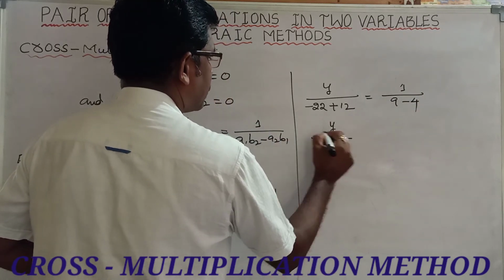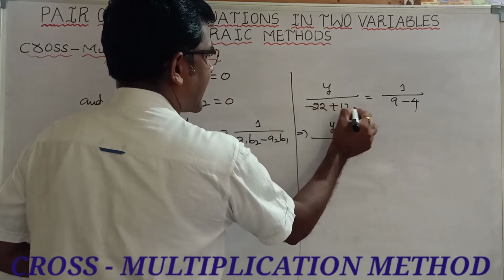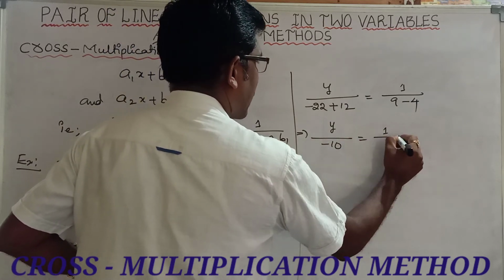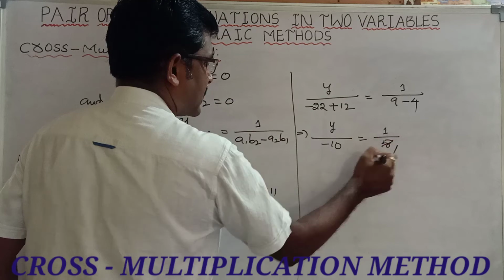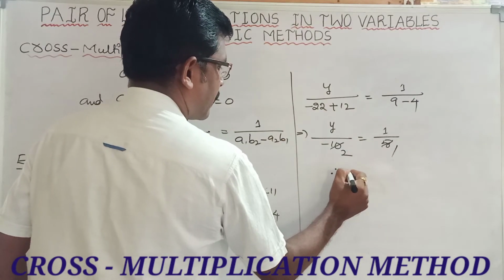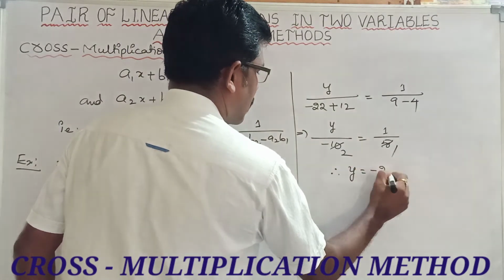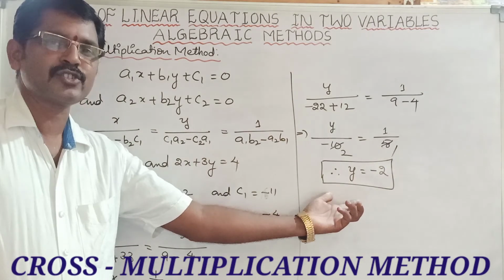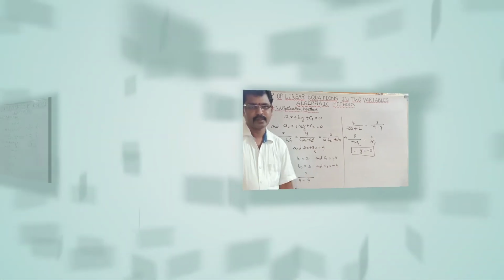So y by minus 22 plus 12, minus 10, is equal to 1 by 5. So 5 ones are 5, 5 twos are 10. Therefore, y is equal to minus 2. So friends, in the previous example we got the same values, x is equal to 5 and y is equal to minus 2.